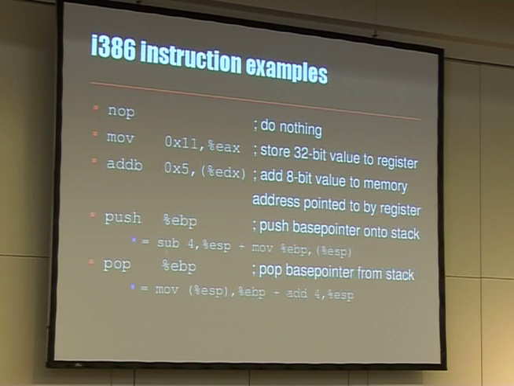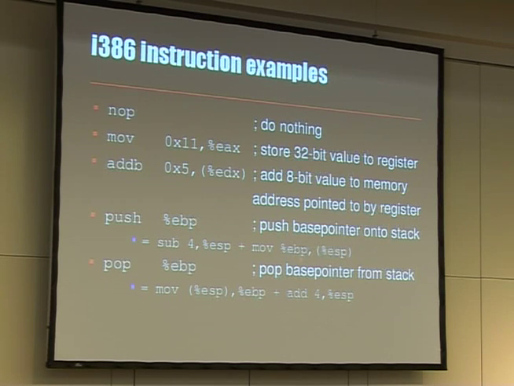The first one is to decrease the stack pointer by 4 bytes, which is just the width of the value we are storing here. And the next step would be to store the value of the base pointer to the address where the stack pointer just points to.